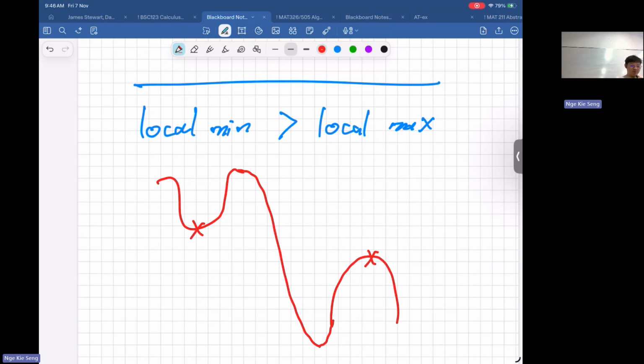But if it happens and your graph is continuous, then you should have more local max or local min. So the point here is don't just assume the minimum must be the lowest. It's not the case, because this is just locally true.